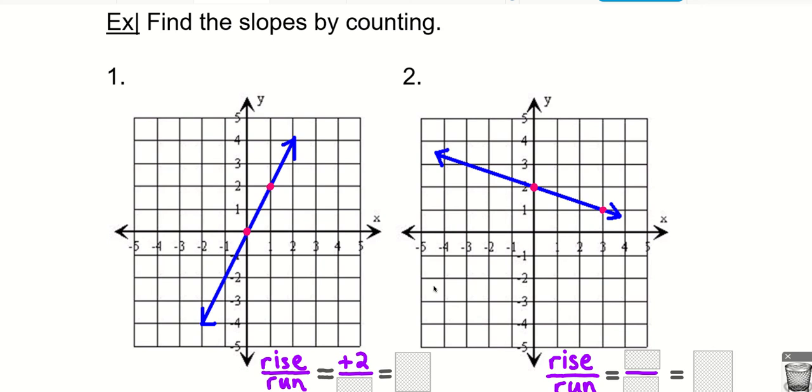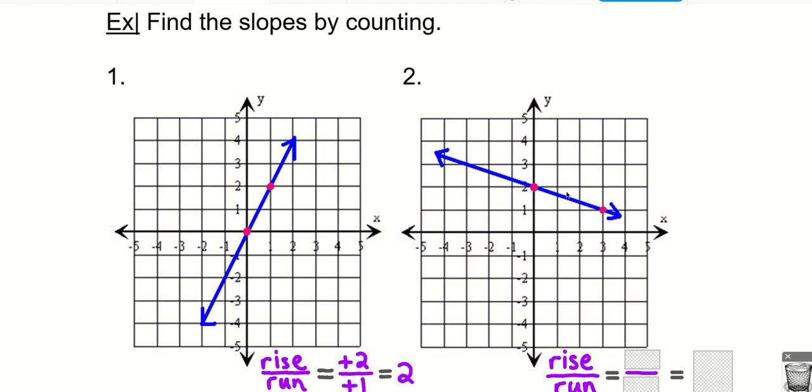Is right the positive direction, or do you think left is? I'm sure you can guess that going to the right is the positive direction. So we have a positive 2 rise and a positive 1 run. Put all that together for a final slope of positive 2. Positive 2 divided by positive 1 is 2.